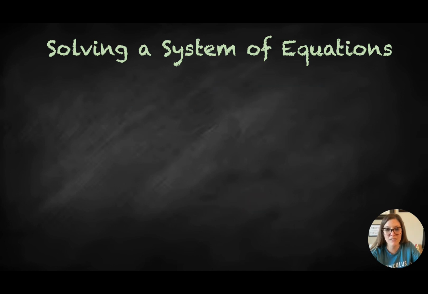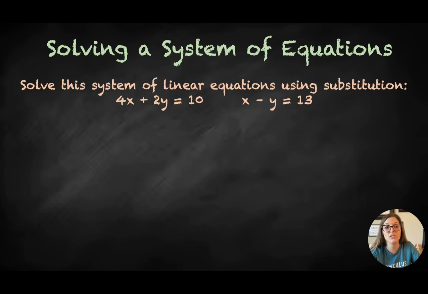Sometimes you're told to solve these equations in a specific way. For example, using substitution. What that means is you have to get one formula in a format where you can plug it into the other formula. Here's an example. I can rearrange x minus y equals 13 to just have x by itself. So I found that x is equal to 13 plus y.